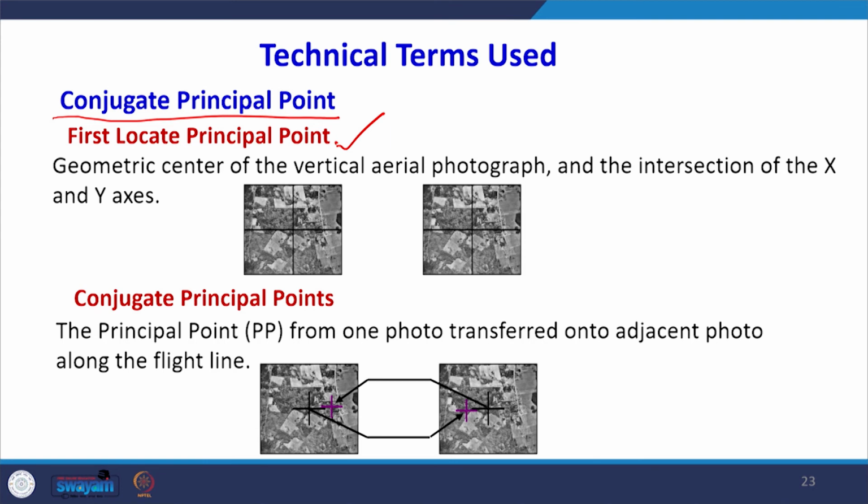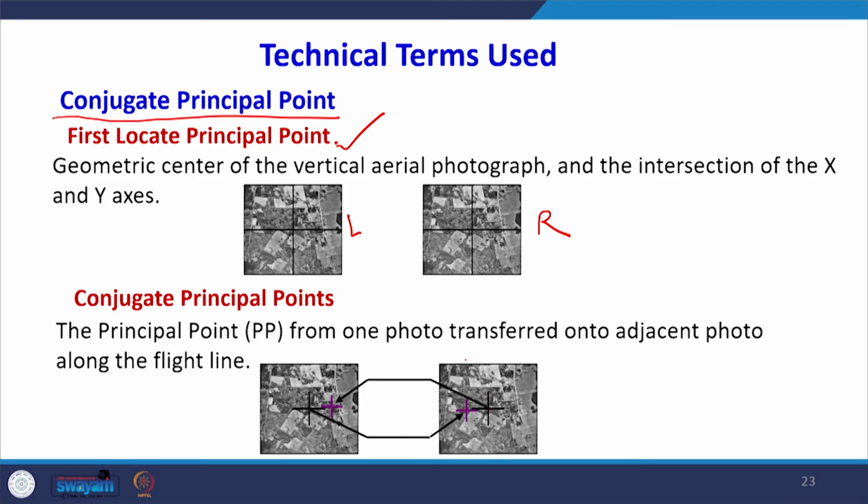So, this is my left photo and this is my right photo, successive photos with an overlap region. I have determined the principal point of the left photo and the principal point of the right photo as per the procedure explained earlier, and then the conjugate principal point will be the principal point of that photograph which is transferred to the next photograph because there is an overlap.